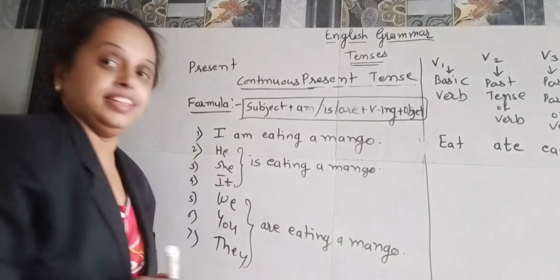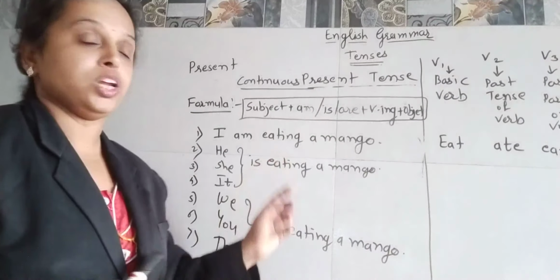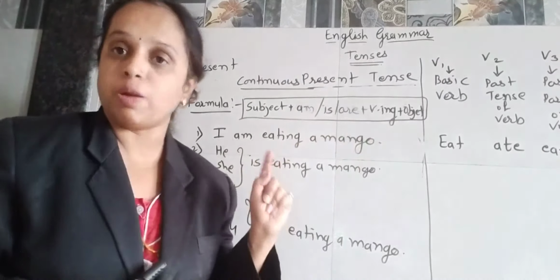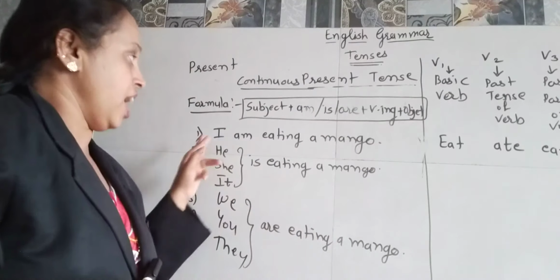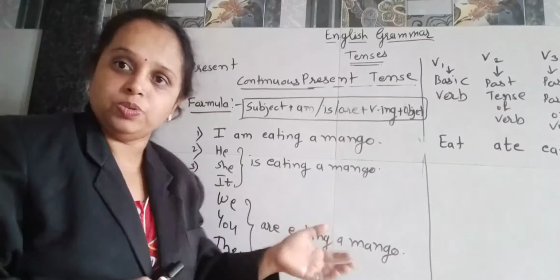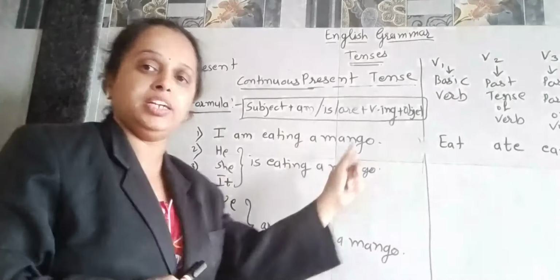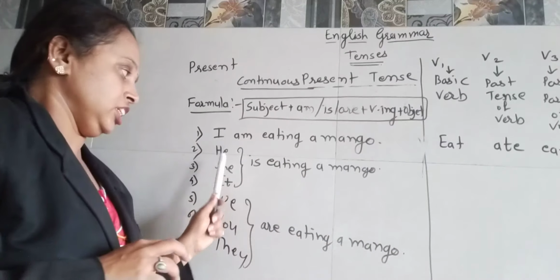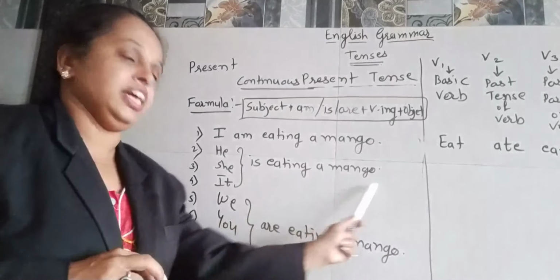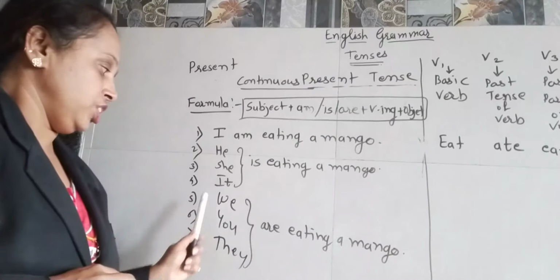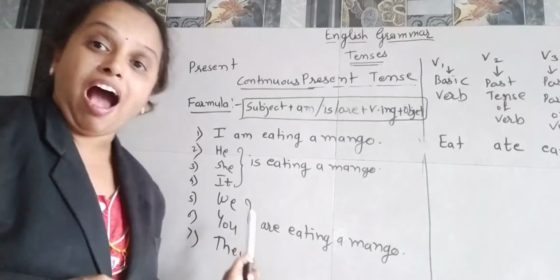In this present continuous tense we use three kinds of supporting verbs: for I we always use am, for he, she, it we use is, and for we, you, they we use are.